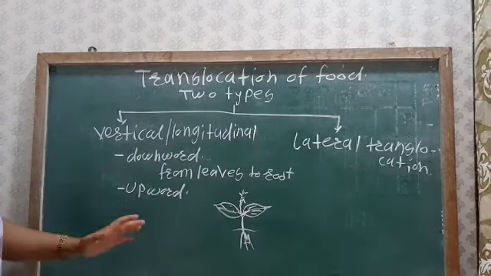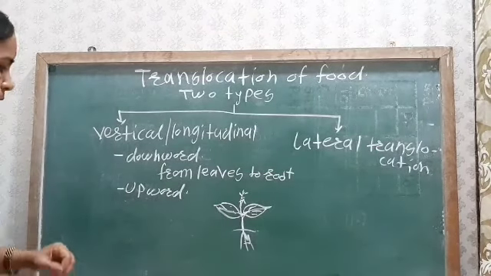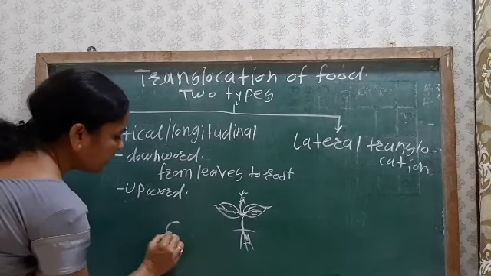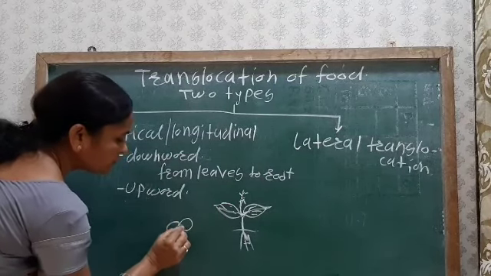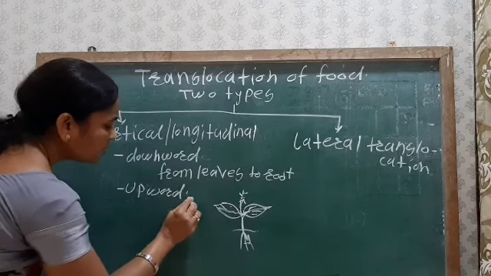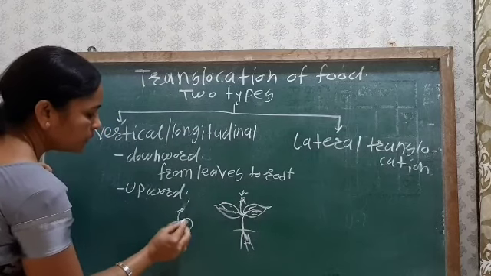Upward movement also mainly takes place during seed germination. So during seed germination, what happens? See here, there are the two cotyledons. Here is the root, and here the germination takes place. Here is the plumule.